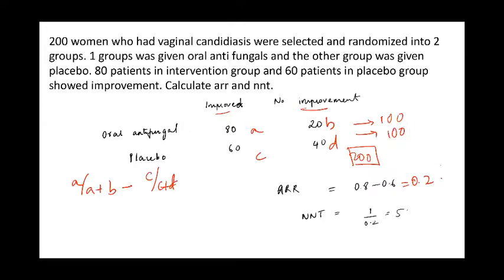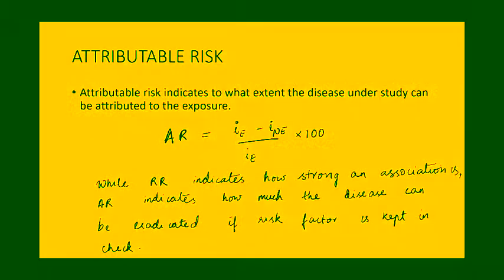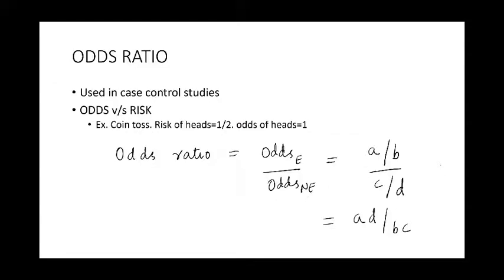So we've used risk ratio and relative risk and attributable risk in cohort studies. Now we come to odds ratio. So case control is a type of study where it's a retrospective study where we select cases and then we select controls which are well matched, and we decide the number of controls we select. Like if there is one case, then we can select between 1 to 4 controls for each case.